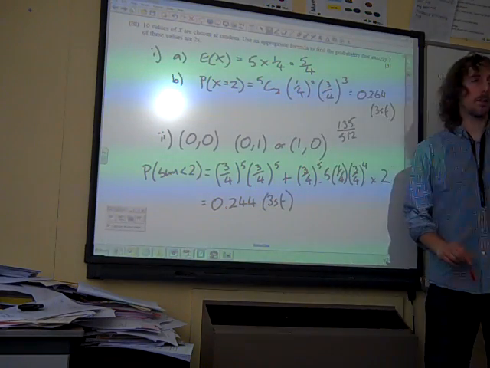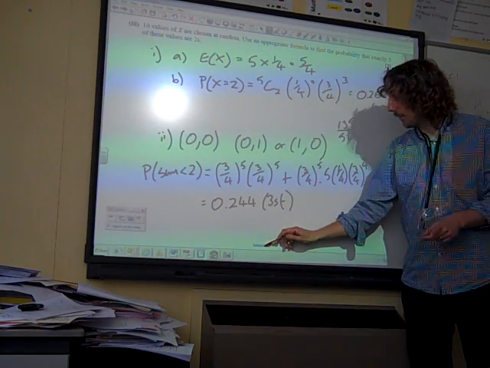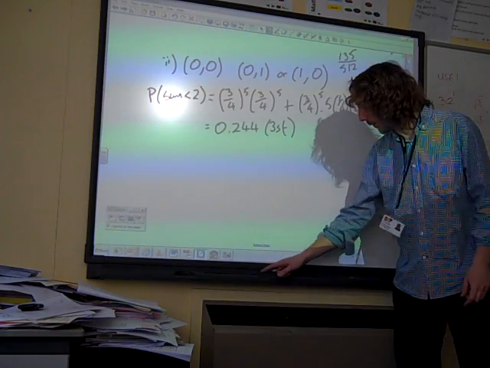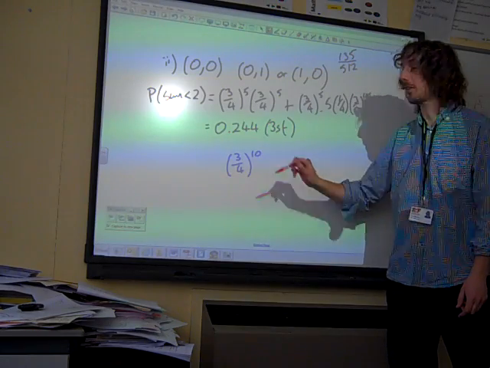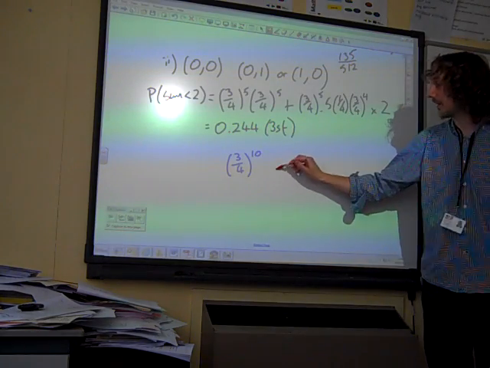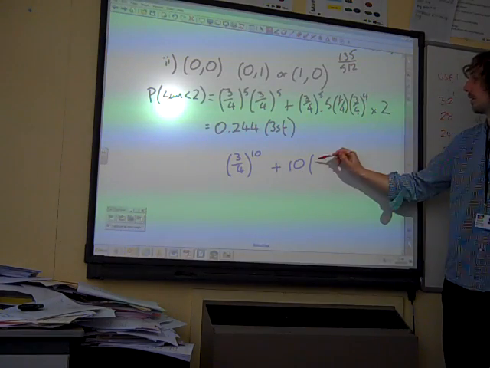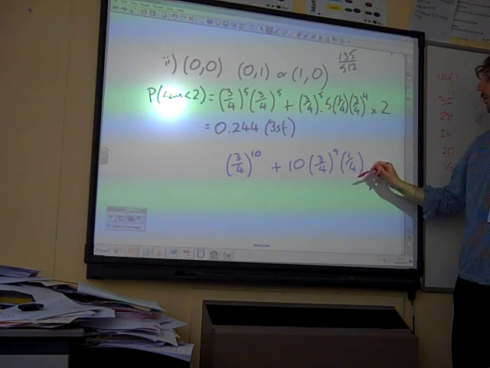to 3 significant figures. Can I just show you something that's quite neat about this as well? If we simplify what we've just added up, we've just done 3 quarters to the power of 10, and then we've added on 2 5s are 10 lots of 3 quarters to the 9 times a quarter.